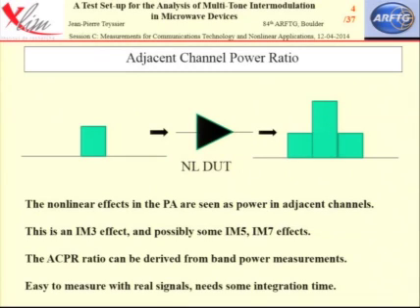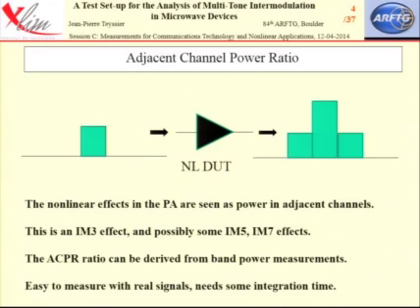So this is the first level of nonlinear effect, and then if you overdrive even more your amplifier, you will see more bounce around. So this is an IM3 effect. The first order is an IM3 effect, and possibly you can find some IM5, IM7 intermodulation products, more intermodulation products.